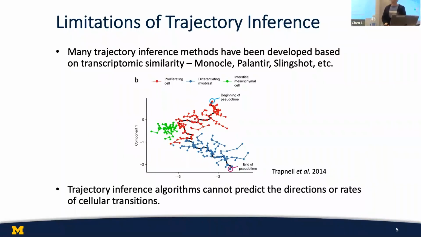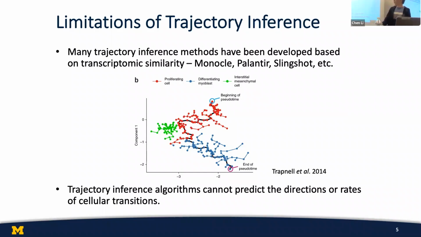But the issue of the traditional trajectory inference algorithm is that they can't predict the directions or rates of cellular transitions because the distance among cells is bidirectional, and there's no earlier or later definition.